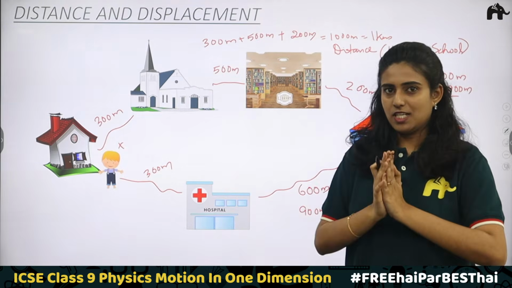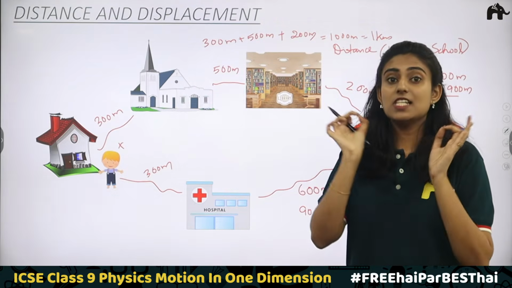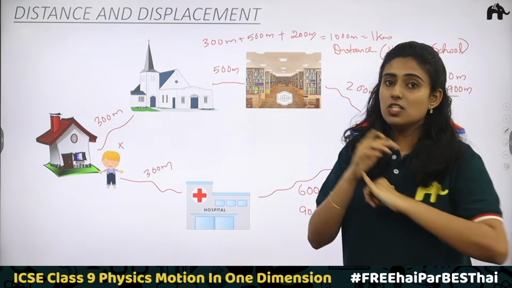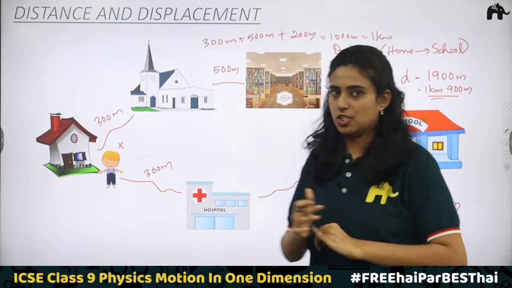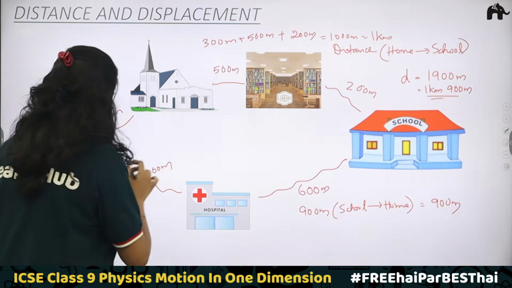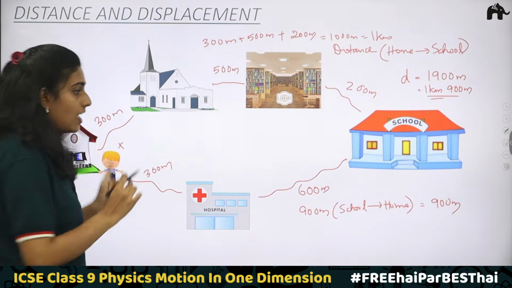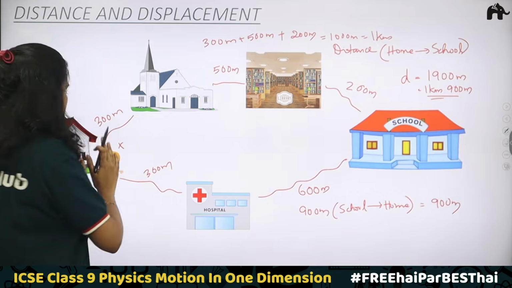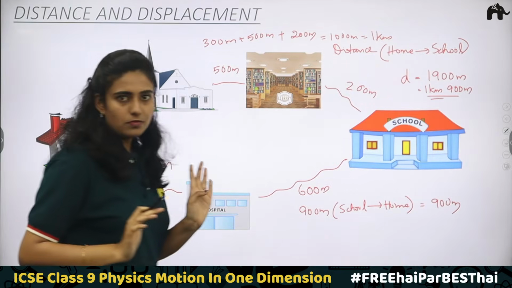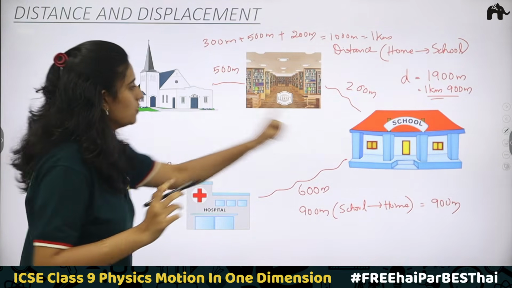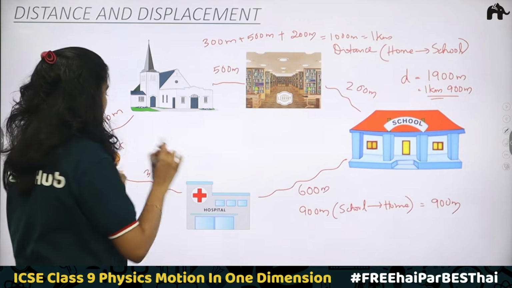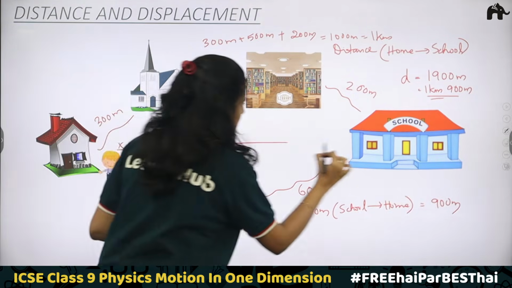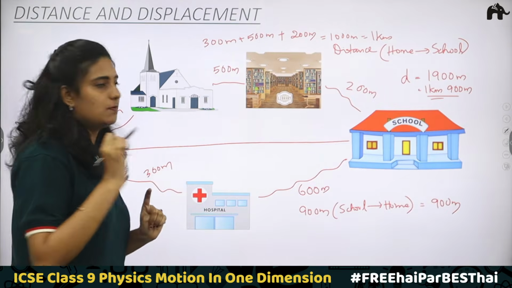Now, what is displacement? To understand displacement, it is the straight line distance or the shortest distance from the initial position to the final position. So, here initially the boy is at his home and final position, once he reaches the school. Okay, if we are taking from home to school as reference, from home to school, the straight line distance, this straight line distance is called displacement.